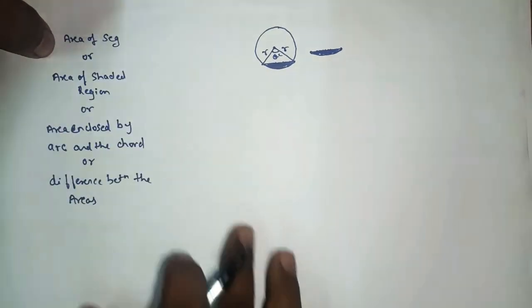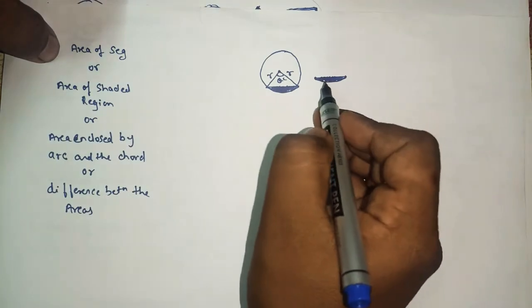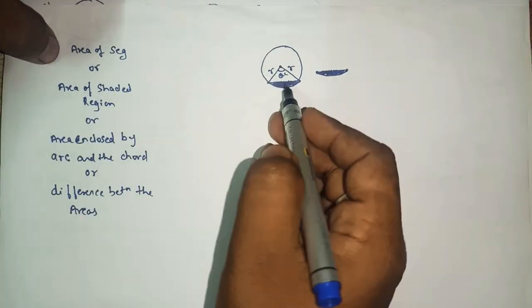Now we'll see the meaning of this. Area of segment means this section. Area of shaded region is also that part.